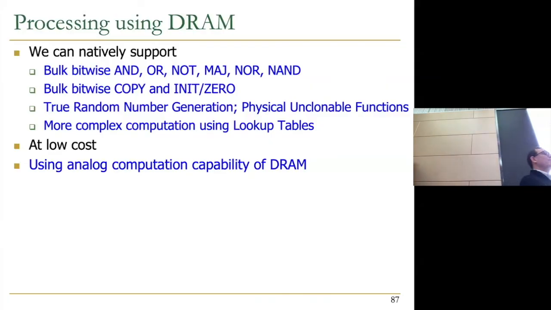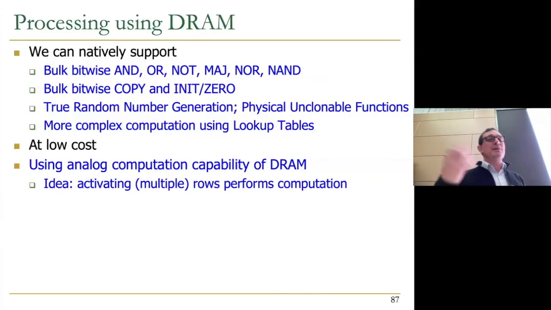But inside DRAM, you already have analog-to-digital and digital-to-analog converters. And we're going to take advantage of those converters in DRAM. Sense amplifiers, for example, are great analog-to-digital converters. So we're not going to lose data integrity, at least as much, depending on what you do. So a basic idea will be activating multiple rows.